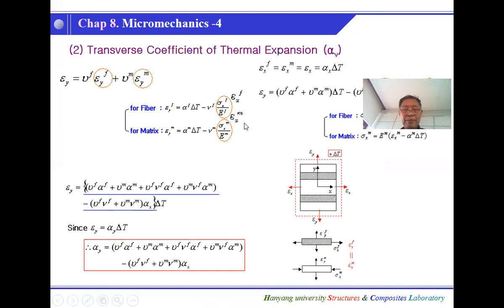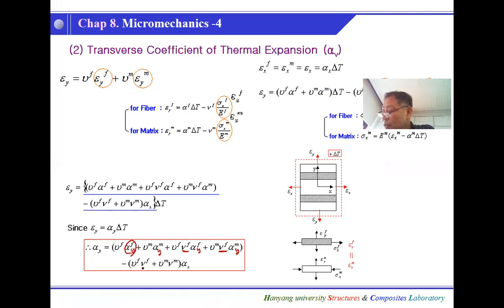And this is the final terms, and of course, this is the Y directional fiber. I mean the CTE. This is all Y directions, and this is the Poisson's effect.